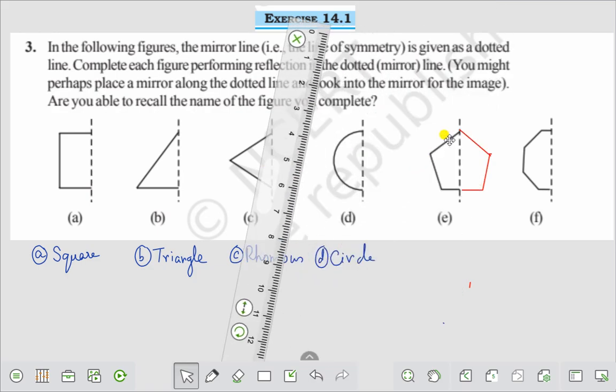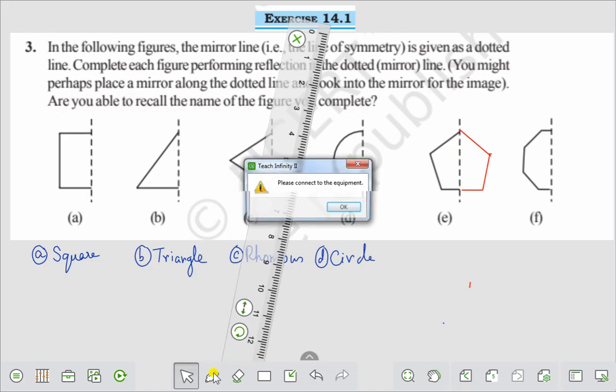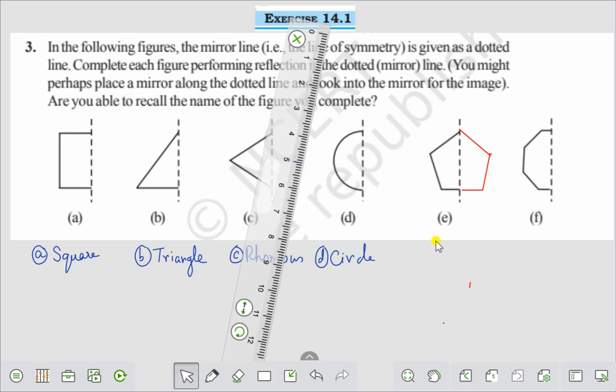How many sides are there? 1, 2, 3, 4, 5. Right? Therefore, this is a pentagon. It is a pentagon.